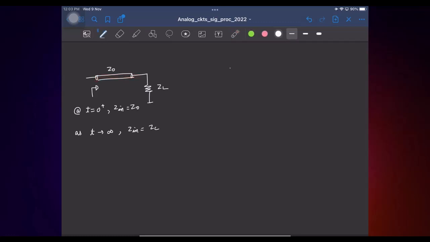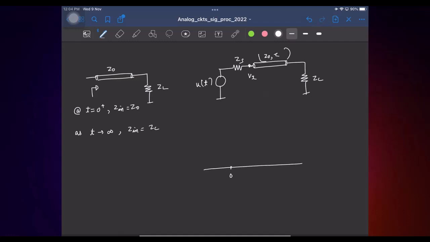And we saw that if you take the source here, which has the source impedance Zs, and you put the transmission line, and you have some ZL here, and this is U of t, and let's say this is Z0 comma tau. If I look at this voltage Vx at t equal to 0 plus, what will happen to Vx? Because at t equal to 0 plus, looking into this Z0, you just have the division among those two, which is Z0 by Z0 plus Zs.